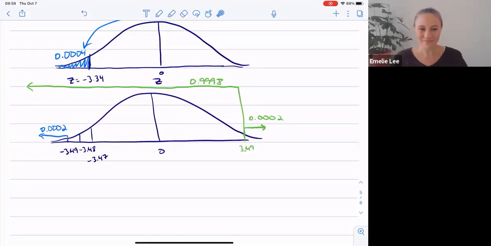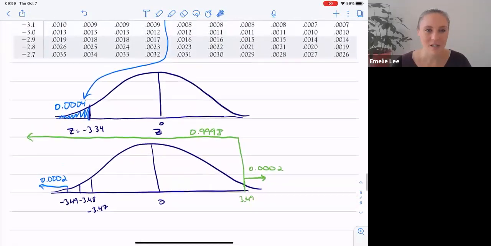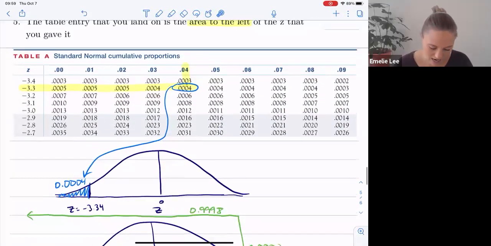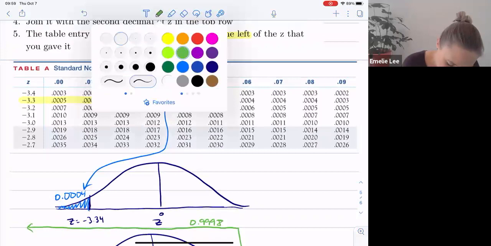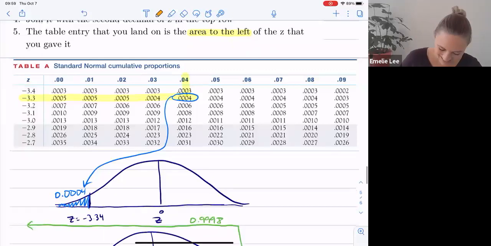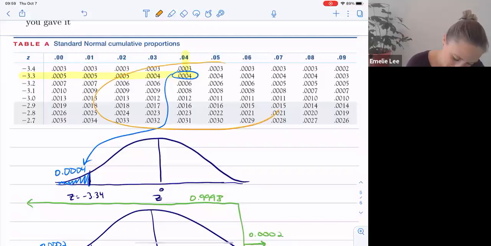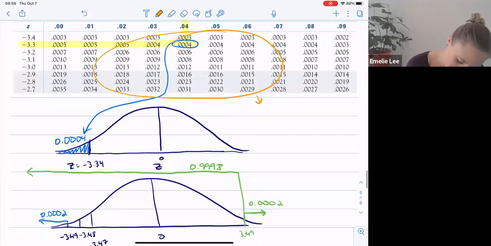All right. So that's how we're going to use this table. And just as a side note, because it is terminology, these here we call the table entries.